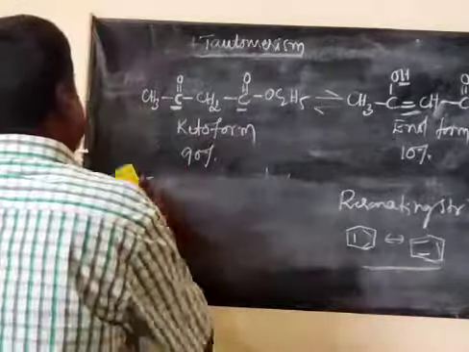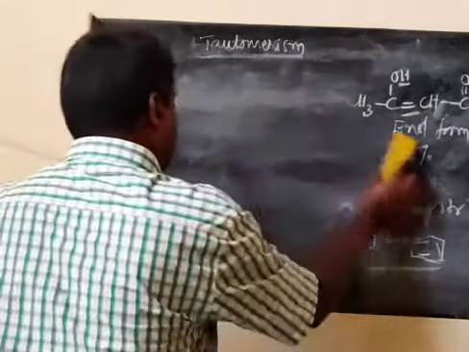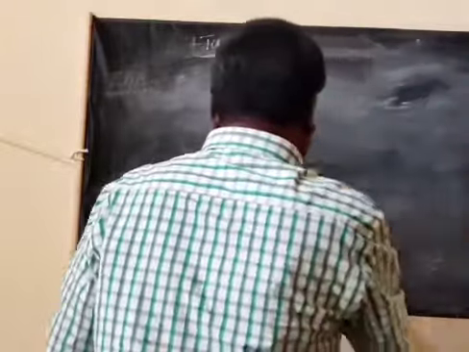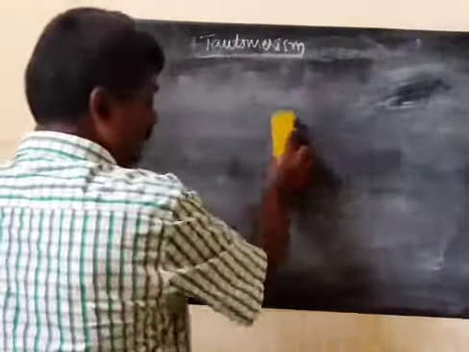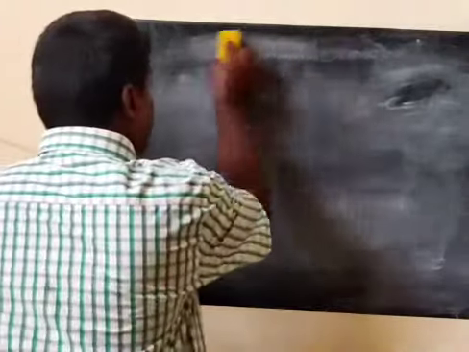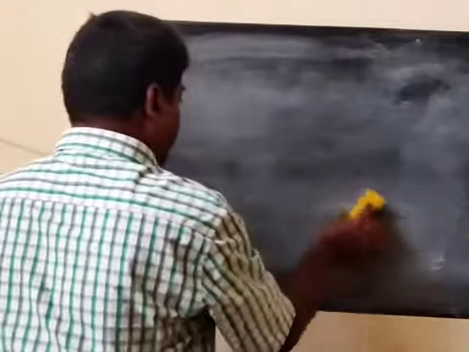Okay. So next, another important point, as I already told you: active methylene compounds are important synthetic organic compounds. That means the preparation or synthesis of different organic compounds from these active methylene compounds.